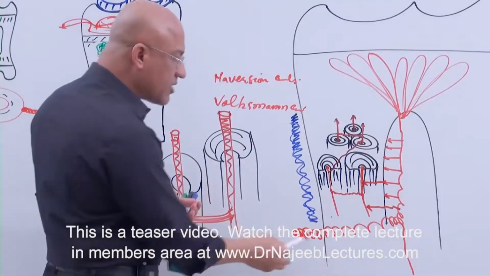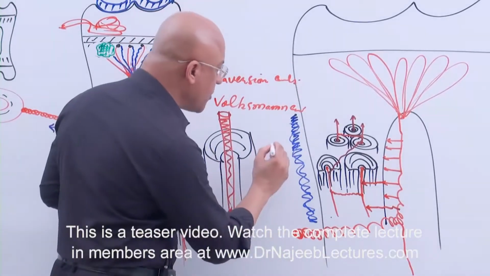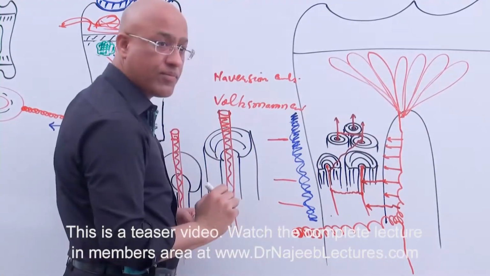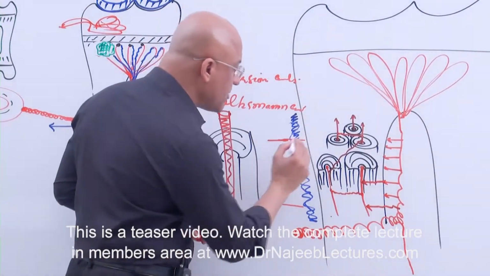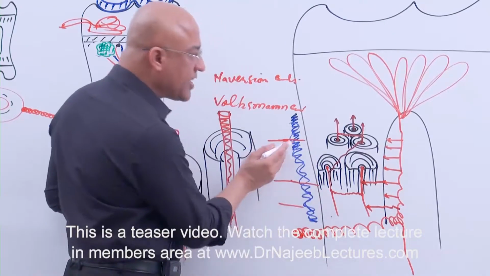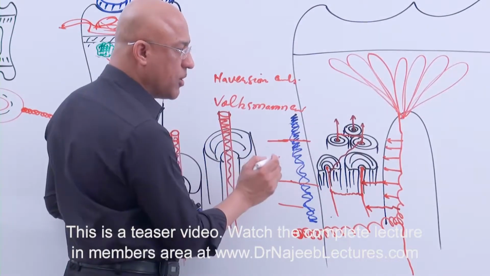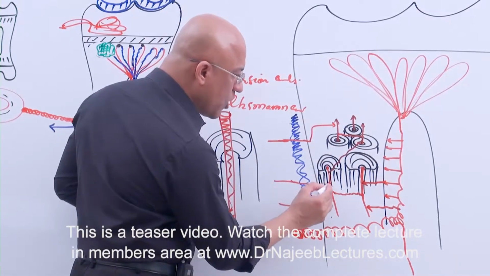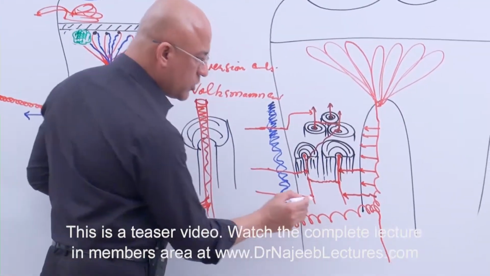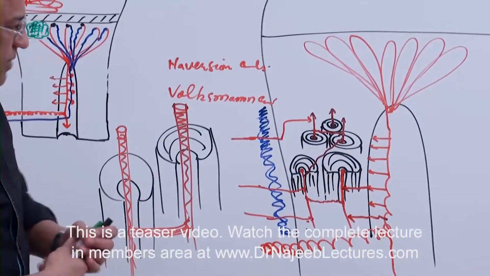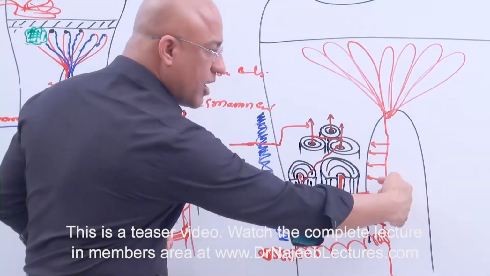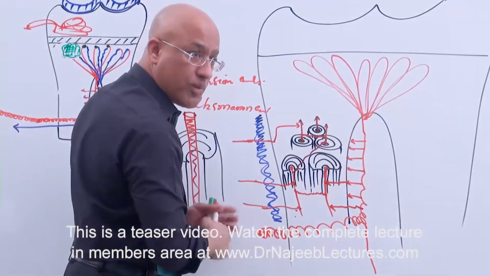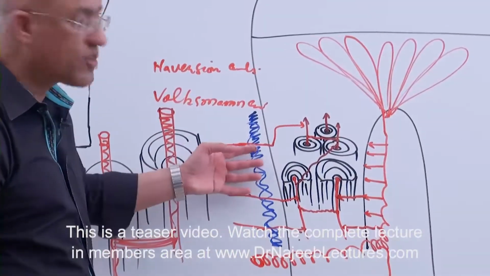The main artery is the nutrient artery, but many small periosteal arteries also come. These periosteal arteries pierce the periosteum, enter into cortical bone, and also supply through Volkmann canals. So from the inner side, there is horizontal entry of blood channels as Volkmann canals, and from the periosteum too.